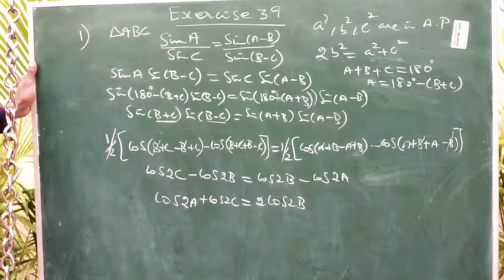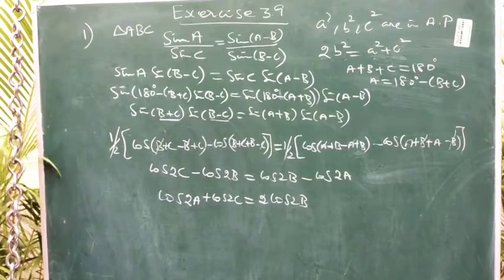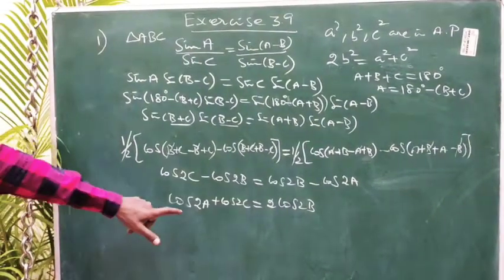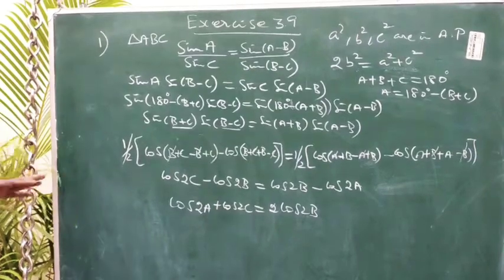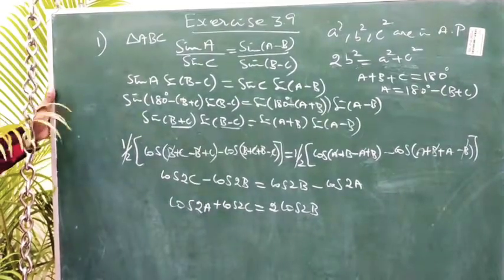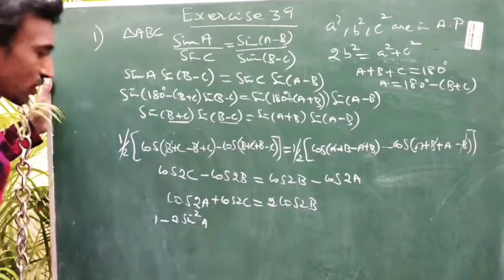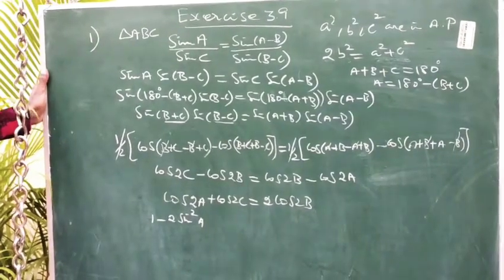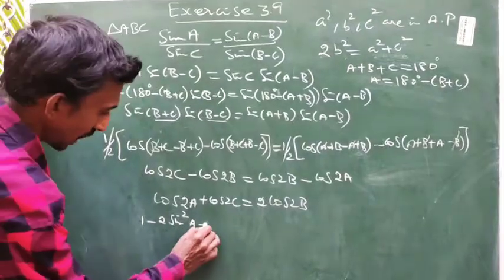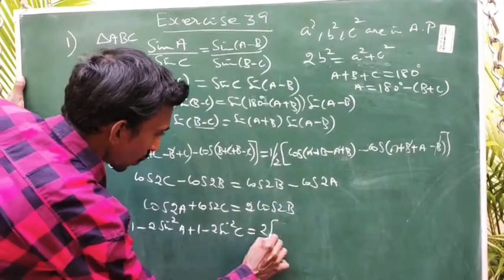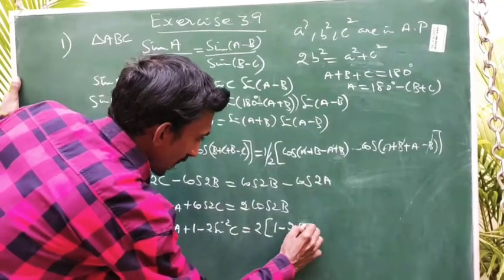Now, as already told, we are going to use the sine formula. So instead of cos 2A, what we can put? It is 1 minus 2 sin square A. Cos 2 theta equal to 1 minus 2 sin square theta; we are applying that formula. Similarly, 1 minus 2 sin square C equal to 2 times (1 minus 2 sin square B).